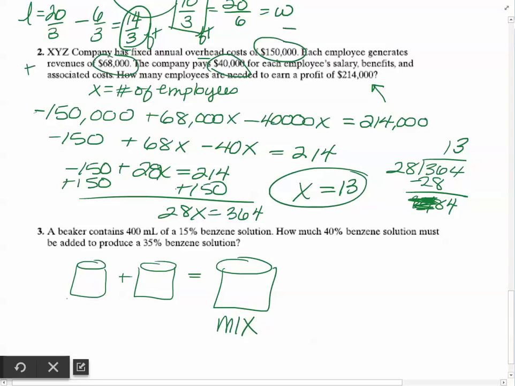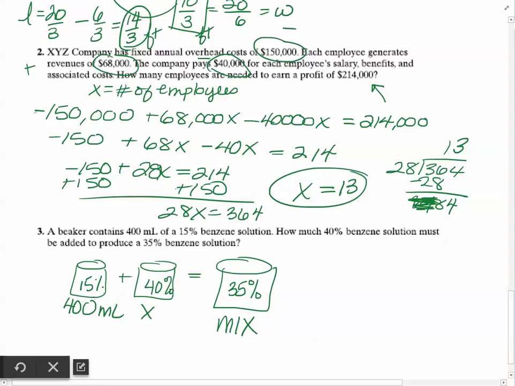So our first situation is we have 400 milliliters of a 15% solution. And then we're going to mix that with an unknown amount of milliliters of a 40% solution, and we want to get a 35% solution.